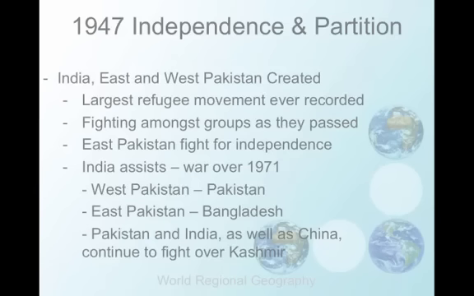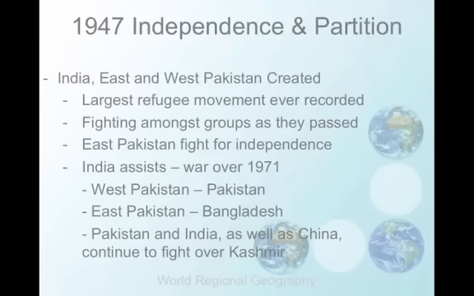So what you had was groups, Hindus and also Sikhs, in West Pakistan fleeing for India because they felt threatened in West Pakistan. And you had Muslim ethnic minorities fleeing India to go to West Pakistan.